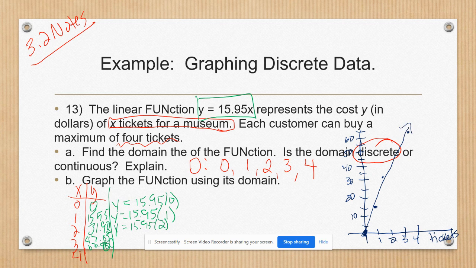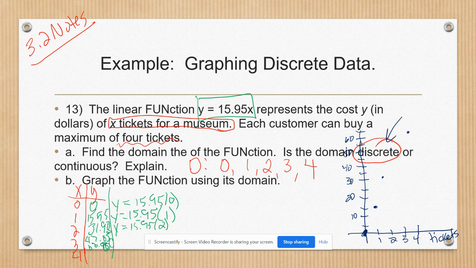So let's talk about this. Should we draw this line to connect them, or should we not draw the line to connect them? And the answer to that is no, we should not draw the line to connect these dots. And the reason why is because this was a discrete function.